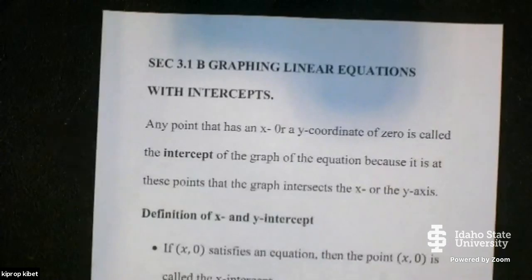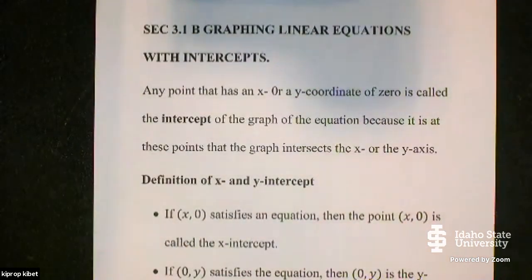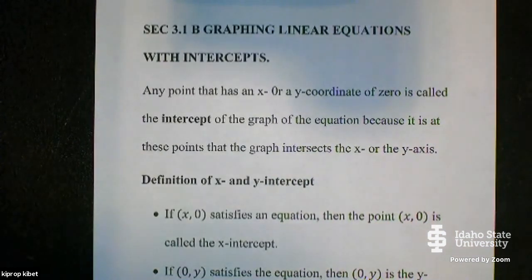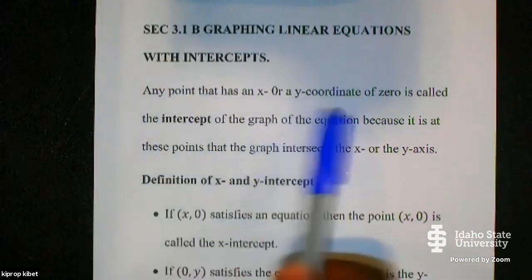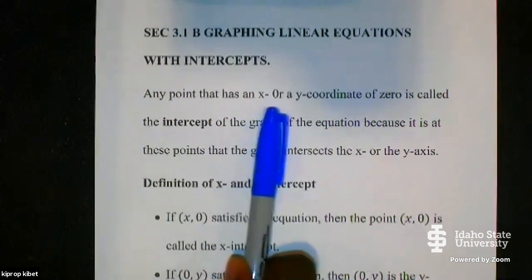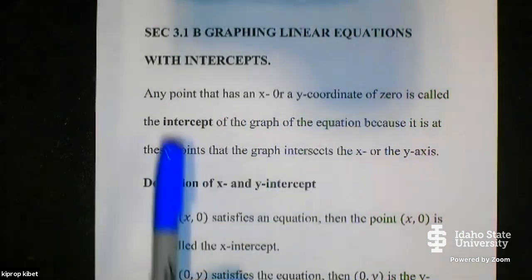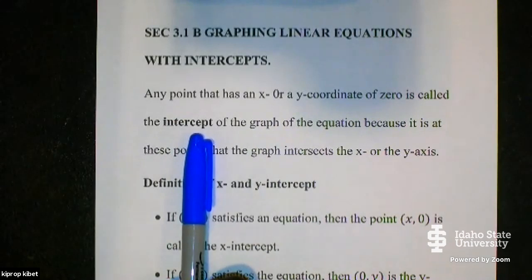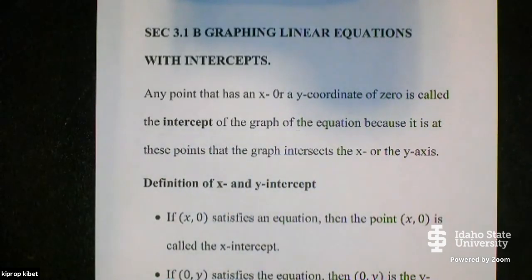In section 3.1, you will see what the intercept means. If you read that statement there, it says any point that has an x or a y coordinate of 0 is called an intercept of the graph of the equation, because it is at these points that the graph intersects the x or the y axis.